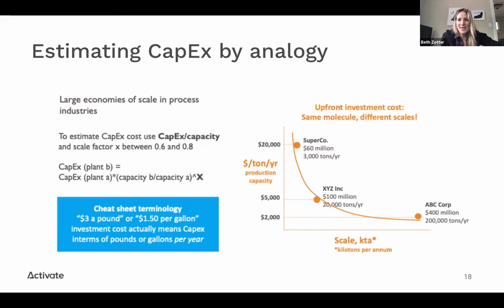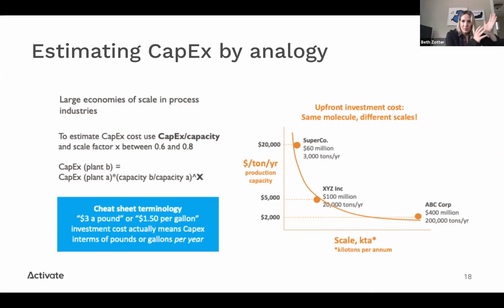One thing I think is useful to know is that people in industry tend to use this terminology that, for example, when I was working at the bioethanol company, people would talk about the cost of a bioethanol plant in terms of dollars a pound, which is confusing because you'd think that's the cost of production, but when they're talking about the investment cost, it's actually dollars per pound per million gallons per year.